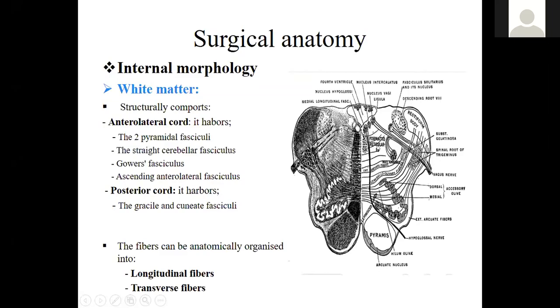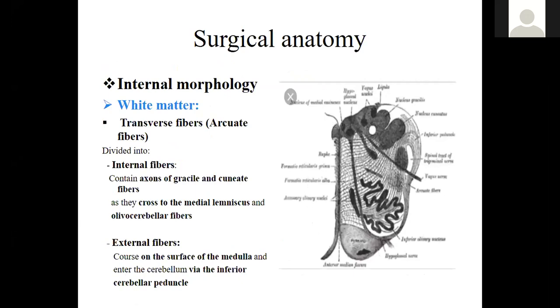And then the fibers anatomically can be organized into longitudinal fibers and transverse fibers. Talking about the transverse fibers, they are divided into internal fibers. These internal fibers are represented by the arcuate fibers, which originate from the gracile and Kugnet nuclei, which cross the midline to ascend in the medial lemniscus, and then the external fibers, which cross on the surface of the medulla and enter the cerebellum through the inferior cerebellar peduncle.